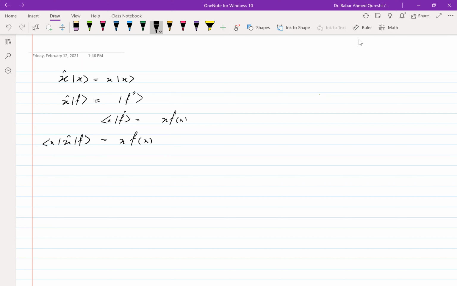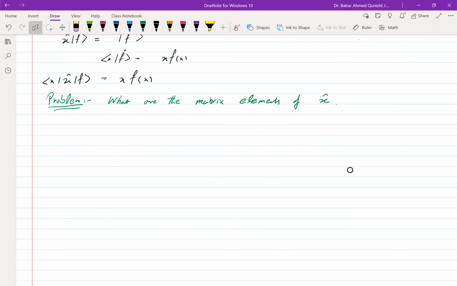So the problem was, what are the components, or what are the matrix elements? They are equivalent problems. What are the matrix elements of this operator x hat in k basis?